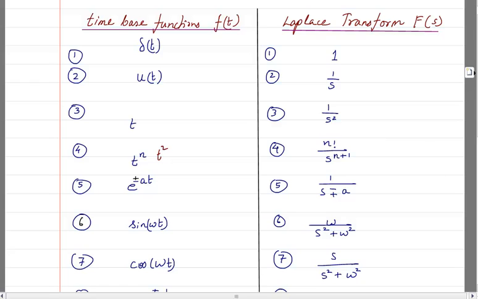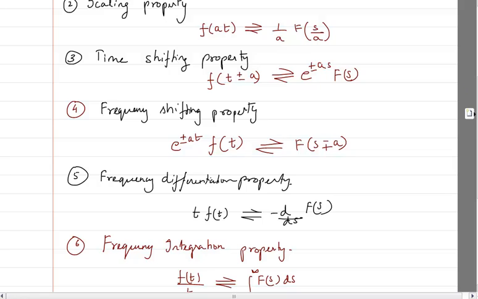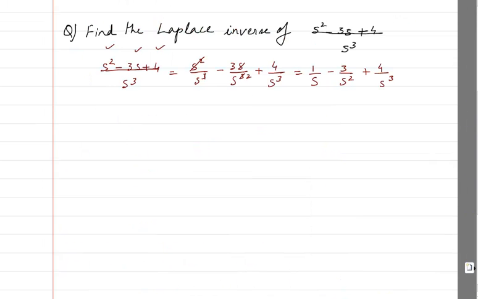So let me write it. We know that Laplace inverse of 1 by s is u of t, and t u of t has Laplace inverse 1 by s square, correct?